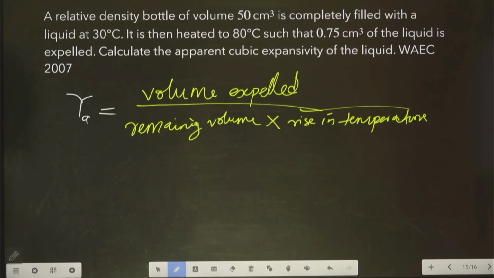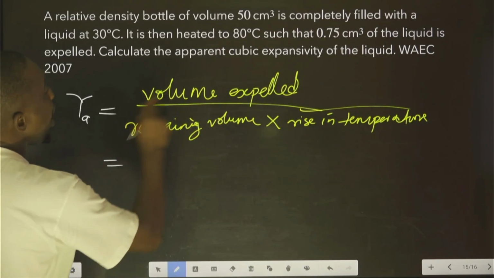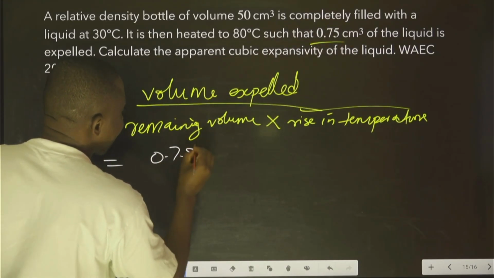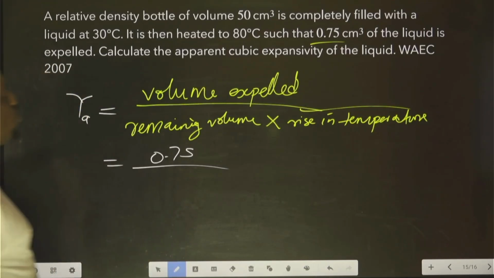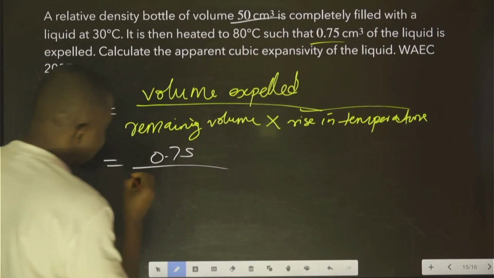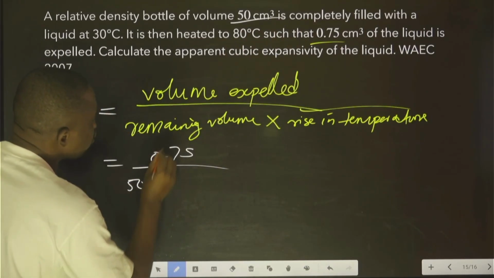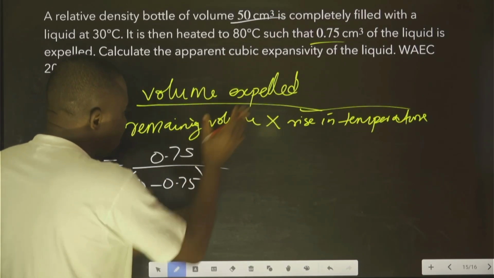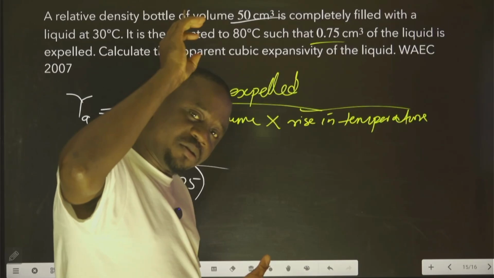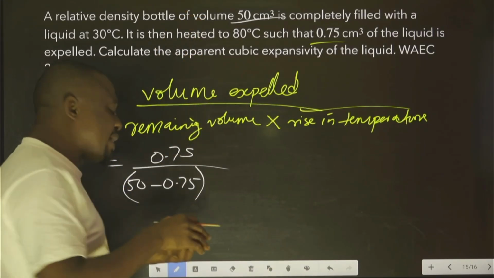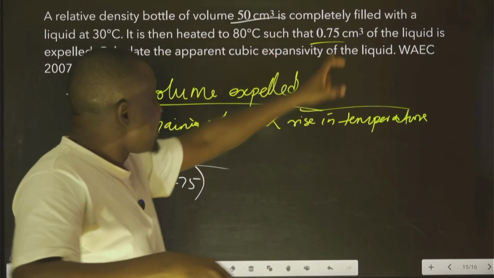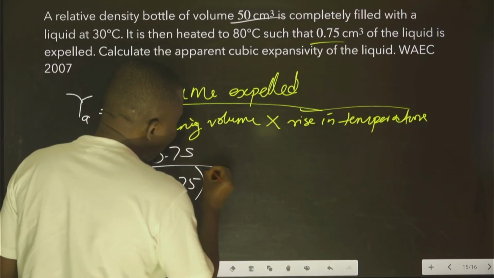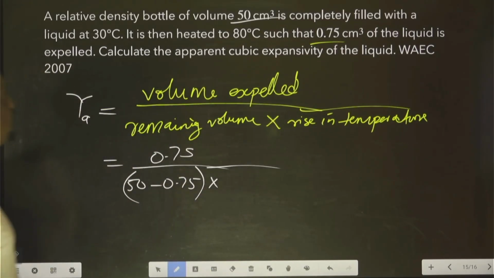Okay? Now, what was expelled was this 0.75 centimeter cube. This is the original, that is 50 minus what was expelled to get the remaining one. This is what was taken out. To get the remaining one is the original one minus what was expelled. Multiply by rise in temperature.